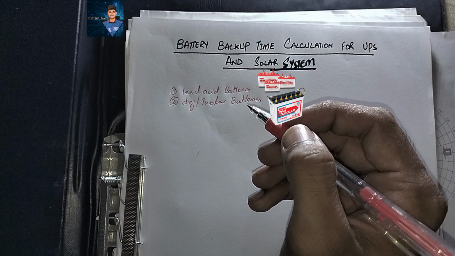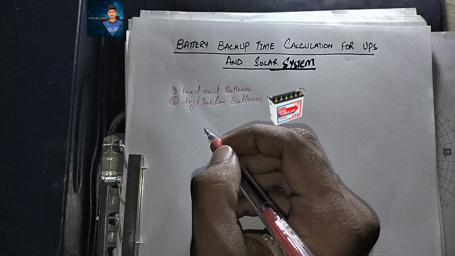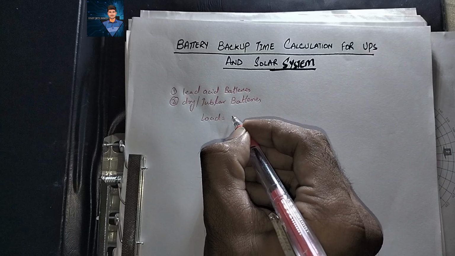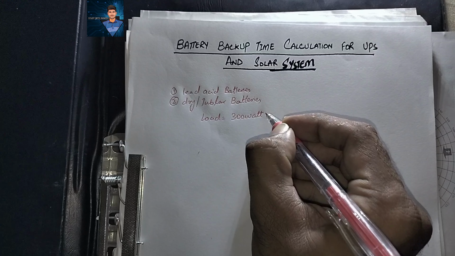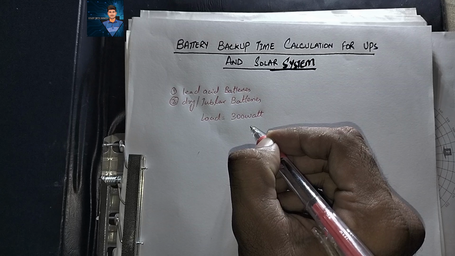As we will be requiring a load, let's consider that we are having a load of 300 watts, because it is important how much load you are applying to your battery. So with this load we will be able to calculate the backup of our battery.